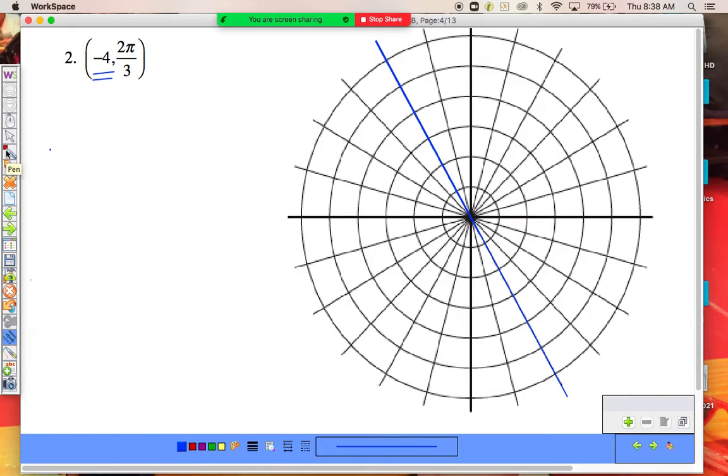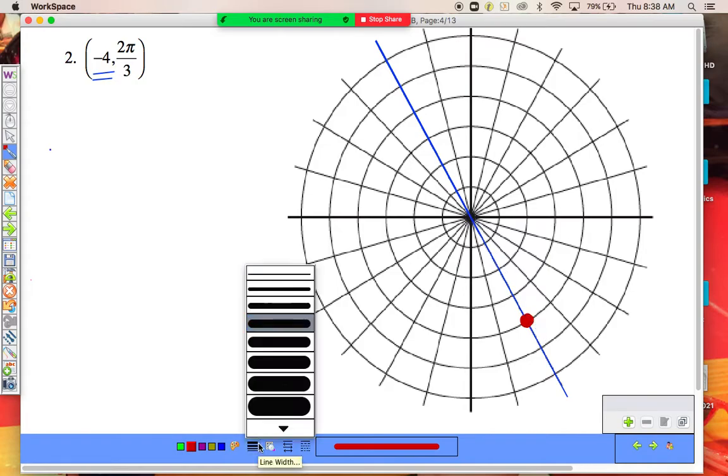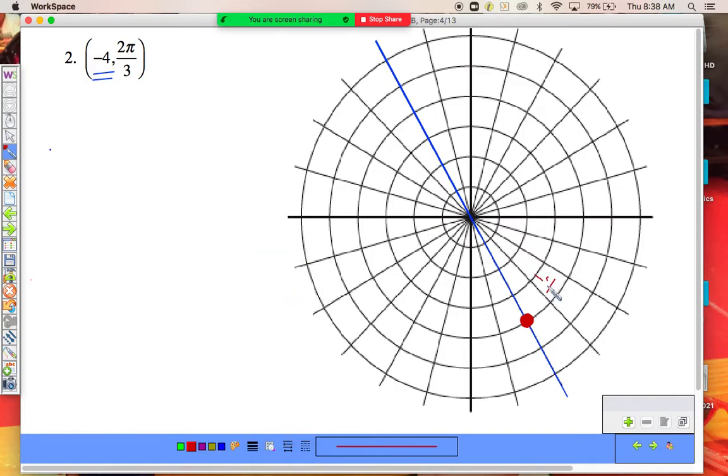To go the distance negative 4, I'm not going to count out going into the 2nd quadrant. I'm going to count backwards, 1, 2, 3, and 4. So if your distance is negative, do not walk out onto the angle that you want. Walk backwards away from it. Instead of going on 2 pi over 3, I'm going to walk backwards 4 circles and put my point. And that's my ordered pair, negative 4 comma 2 pi over 3.